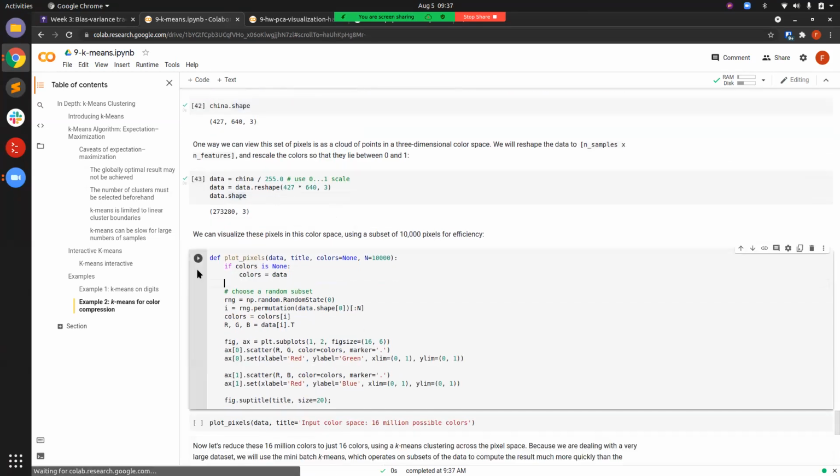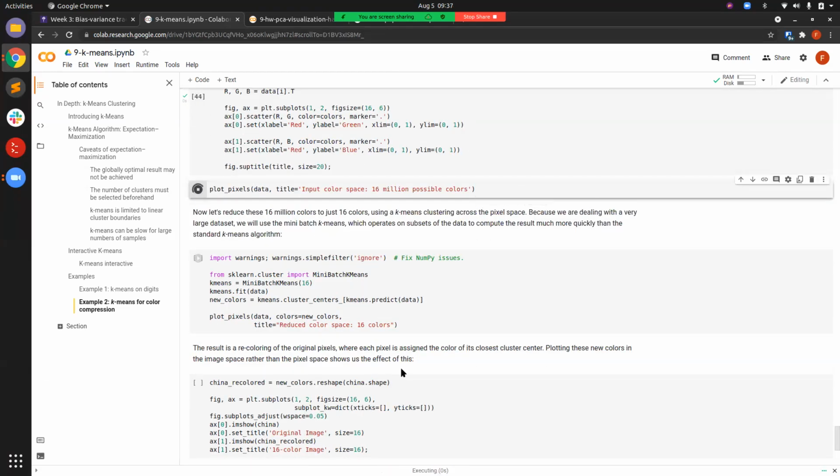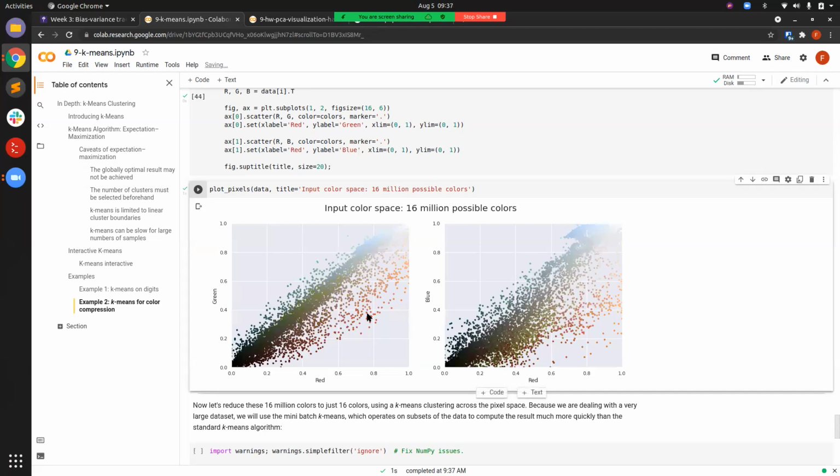Now, one interesting thing you might notice, if you plot all the pixels in the image along red and blue and red and green axes, this shows you how the pixels in the image are distributed in the feature space. So do the pixels in the image cover the entire feature space of this color space?